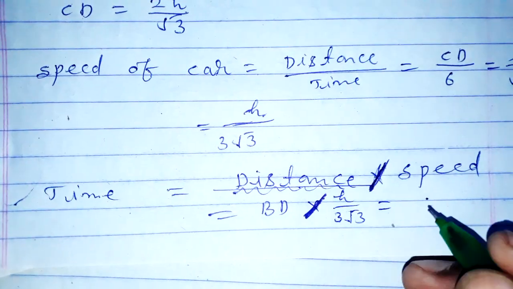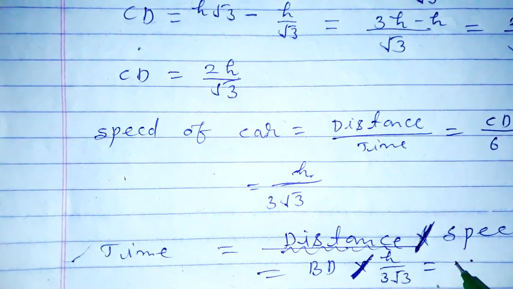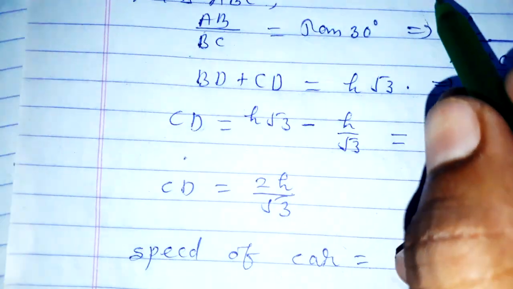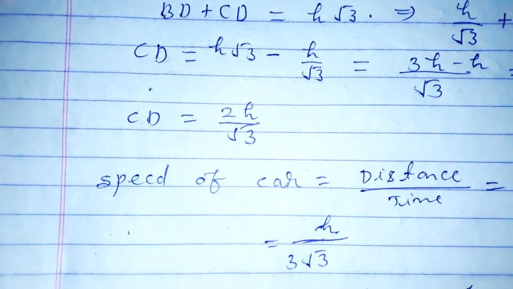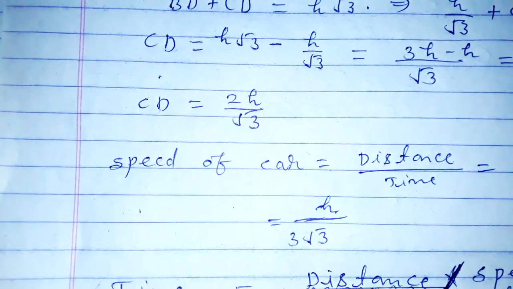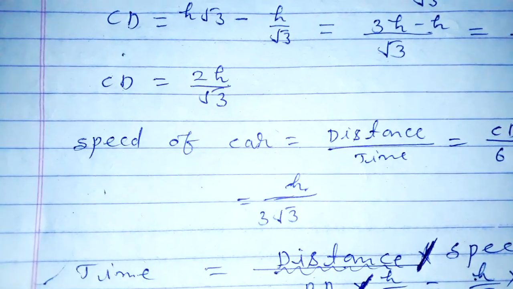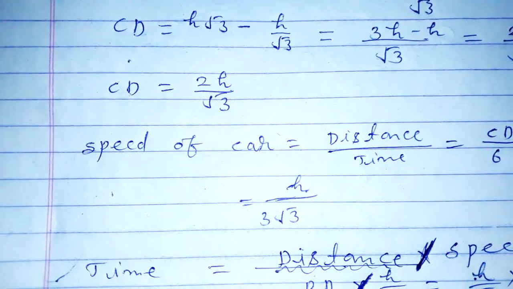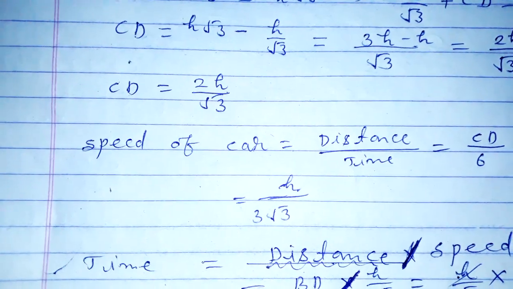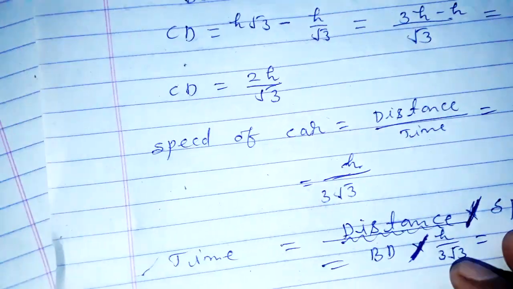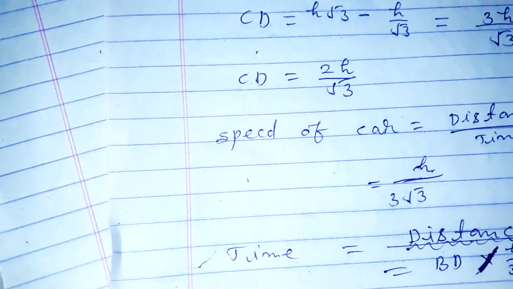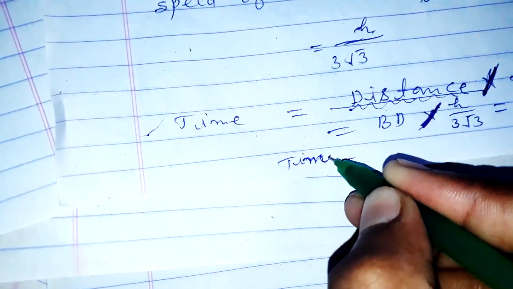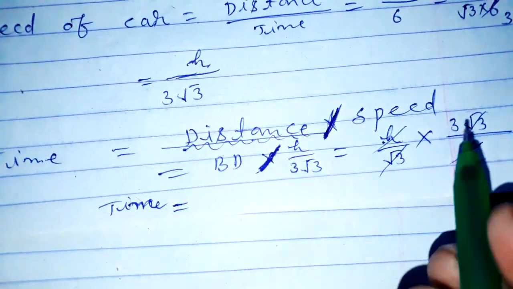So put the value here: BD is equal to H upon root 3. Change the divide sign to multiply, so this is 3 root 3 upon H. Root 3 cancels out, so the time is 3 seconds.